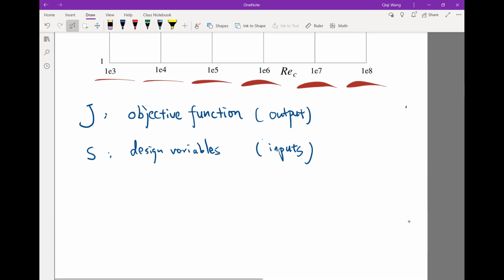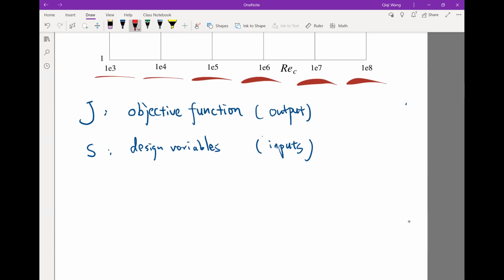All right. Usually, how do we compute J as a function of S? It is a given model. We need to figure out what model we should use. In aerodynamics, we may use thin airfoil theory. If we care about, for example, the drag in a subsonic case, then thin airfoil theory doesn't work as well because it doesn't give us the drag. So we have to use more sophisticated models, sometimes a computational fluid dynamics model.